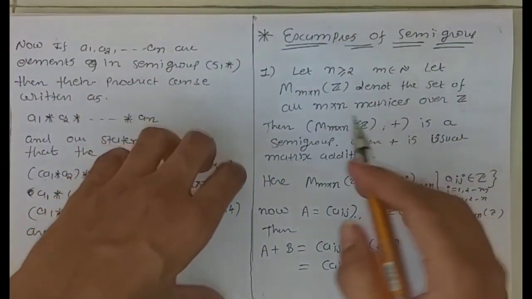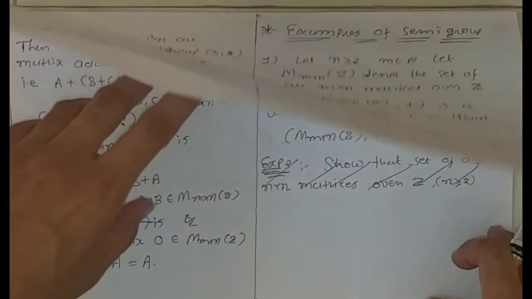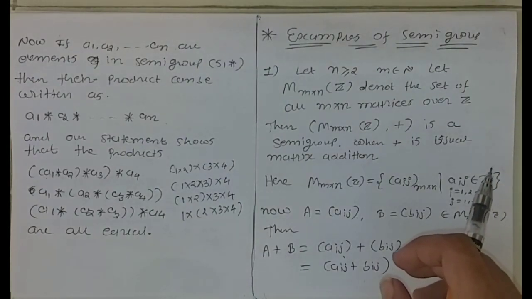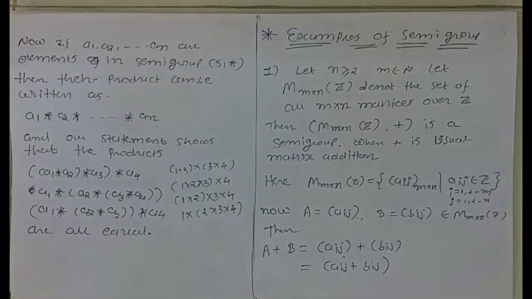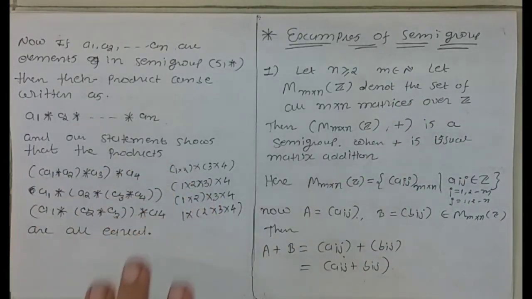These examples are of matrices and the power set of A. We also discuss the symmetric difference on the power set, on the elements of the power set, and show that the power set with the symmetric difference is also a semigroup. Also we discuss the composition of relations. All these are not simple examples but some important examples of semigroups. So we will discuss all these examples in the next lecture. Thank you.